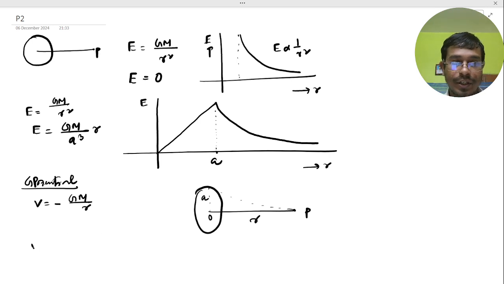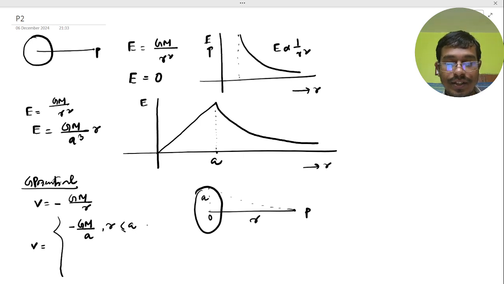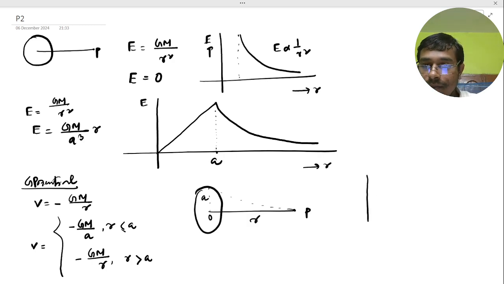We have the potential V, first one, minus GM by A, where R is less than or equal to A, inside the shell, and another one minus GM by R, where R is greater than A, this is for outside the shell. The graphical variation of potential with the distance from the center would look like this.